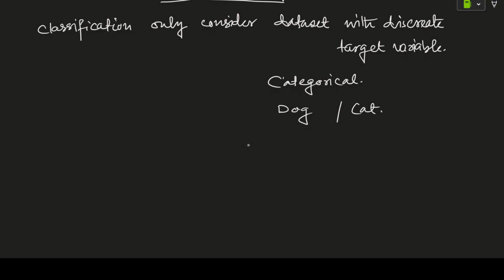So we just categorize the data: this is dog, this is cat. This categorical variable we can consider as a discrete target variable, because if I consider dog as level 0, then cat can be considered as level 1. The names are different, but it has the same meaning.